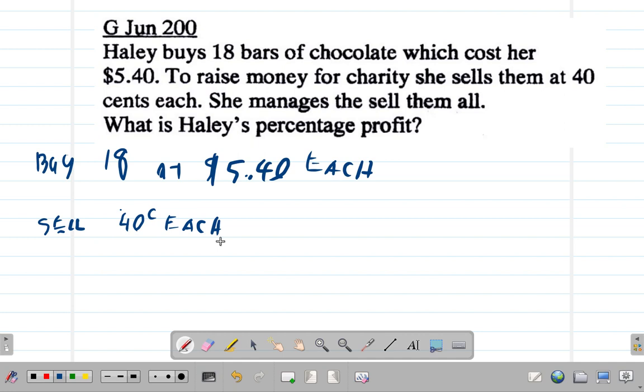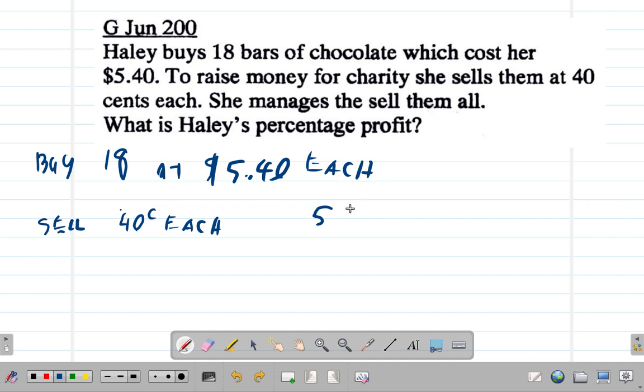Alright, so let's see. We want to find out, first of all, how many cents she paid for each bar of chocolate by dividing 540 by 18. $5.40 is the same as 540 cents, so let's call it that.